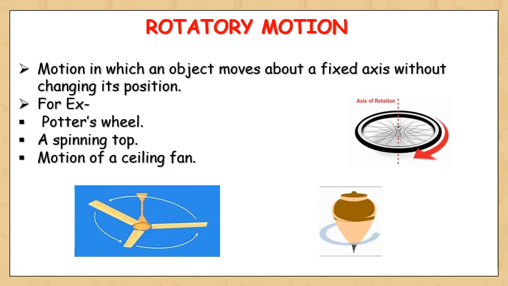For example, a potter wheel, a spinning top, the motion of the blades of a ceiling fan, and the motion of the wheels of a moving vehicle. All these show rotatory motion.